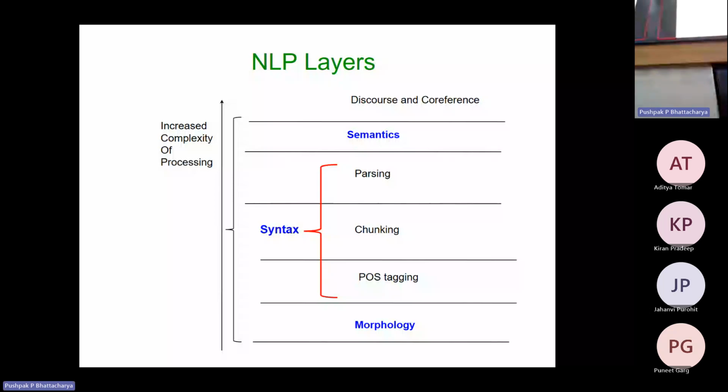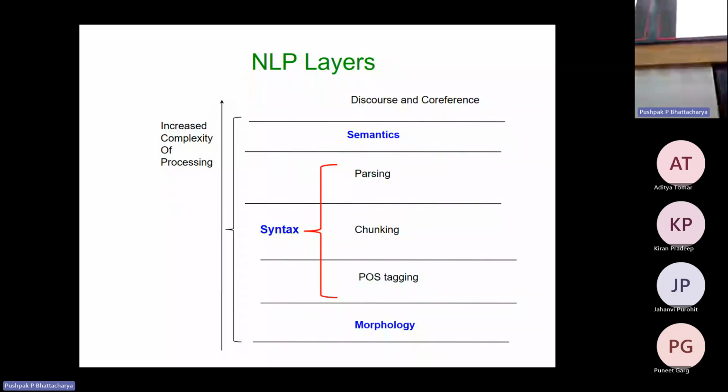If there is this unga suffix, for example, then the word is most likely to be a verb, and so on. So that's why the part-of-speech tagging layer is above morphology. And morphological signals can be very helpful for disambiguating part-of-speech tagging.